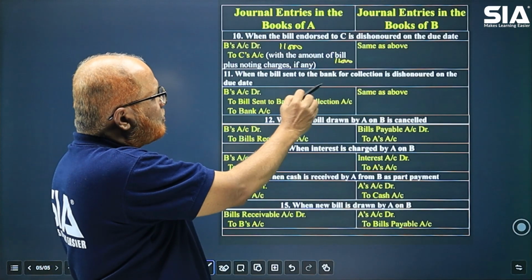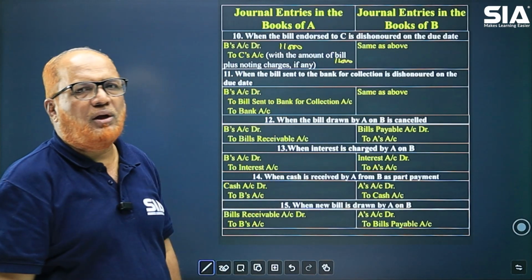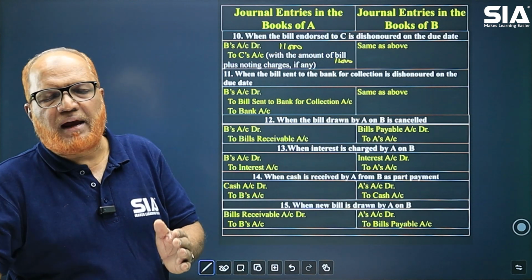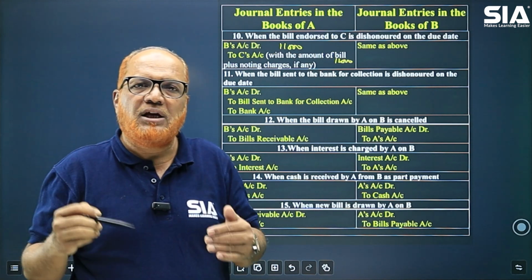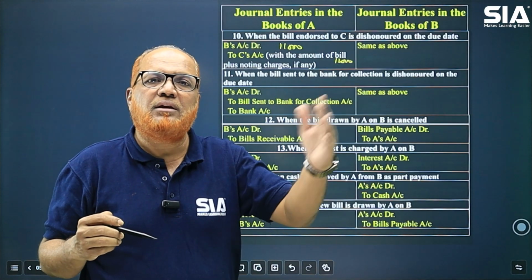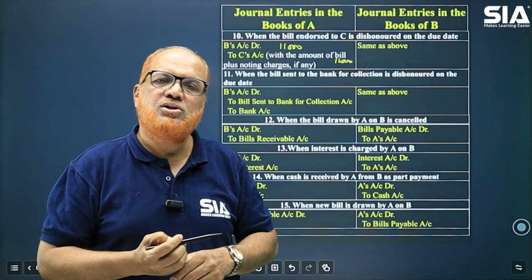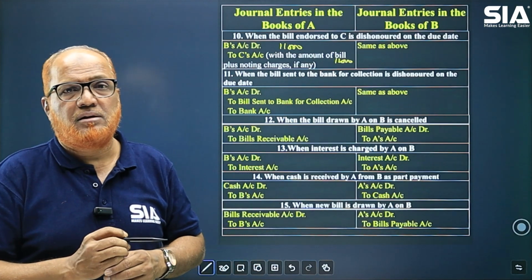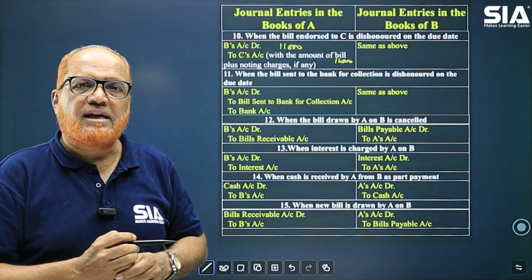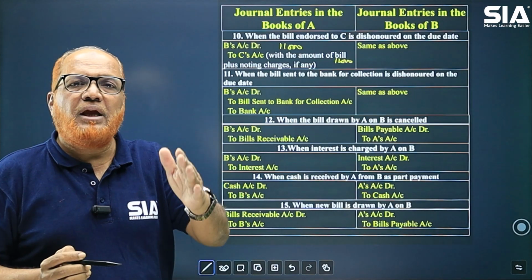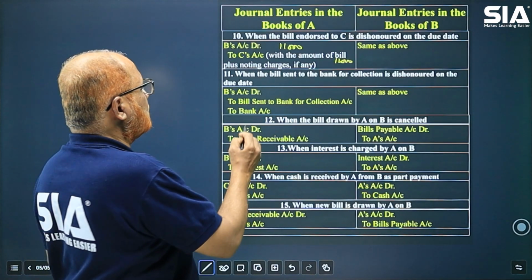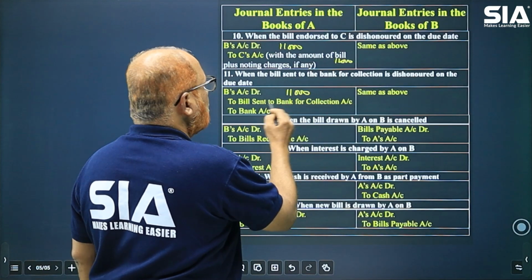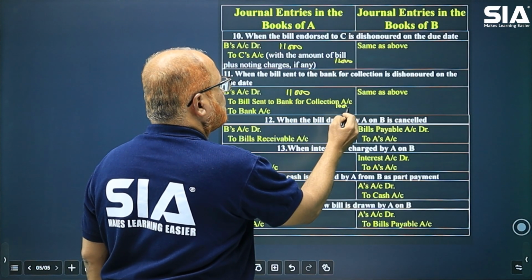Now the case when the bill sent to bank for collection is dishonored on the due date. Already the bill has been sent to bank for collection, but the banker has informed that on due date the bill was dishonored by B. So what entry will he pass, including noting charges? He will debit B's account, B account debtor 11,000, to bills for collection 10,000.